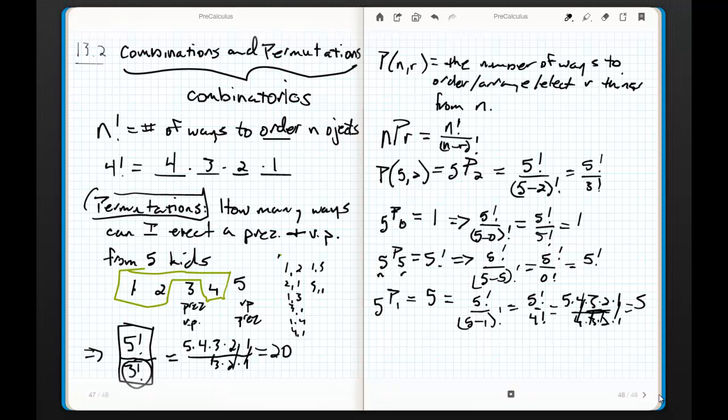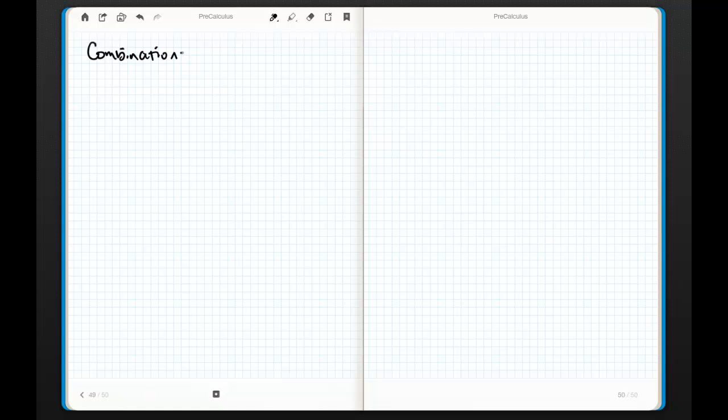All right? Now, I'm going to kick over. Let's talk about combinations. Something floating on my tablet over here. All right? Combinations. Where are we at? Combinations. A combination is simply the number of ways to select, no order.